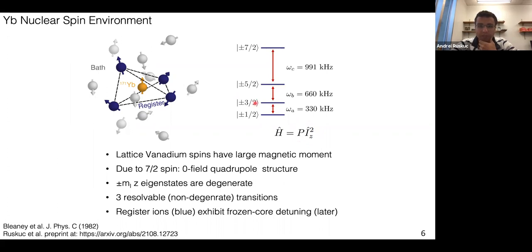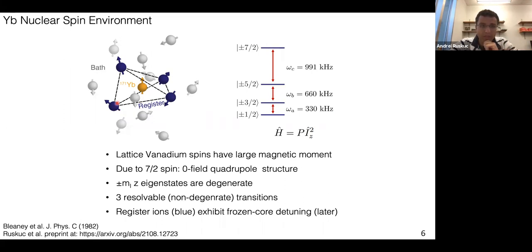This leads to 4 doubly degenerate Z-directed eigenstates separated by 3 magnetic dipole allowed transitions, which I'm going to label A, B, and C. Critically, because of the quadratic Hamiltonian, these 3 transitions are non-degenerate, so they have different frequencies, and we're able to spectrally resolve and address them independently.